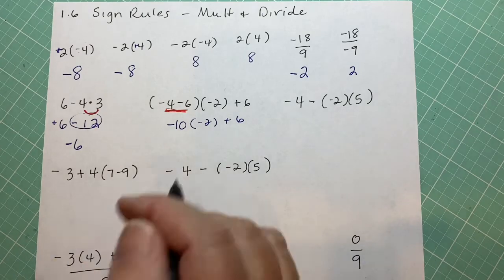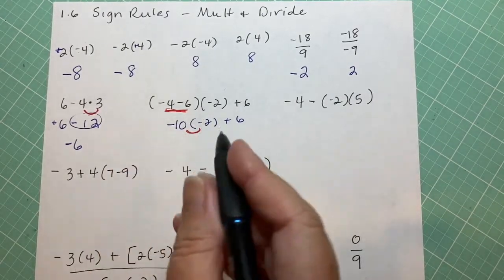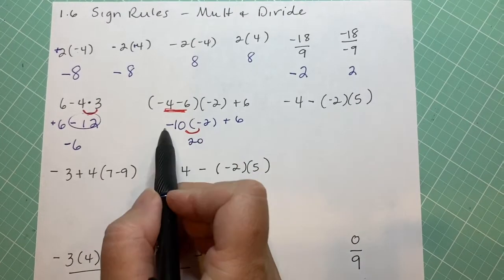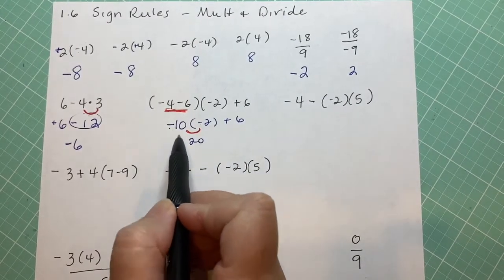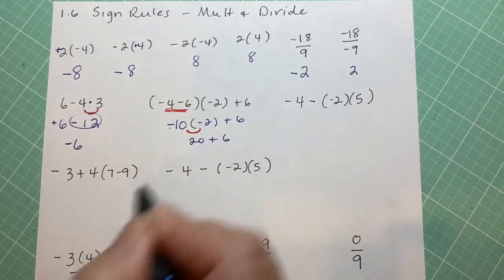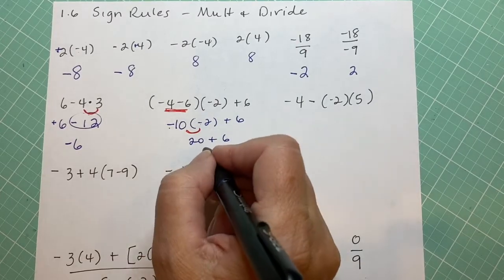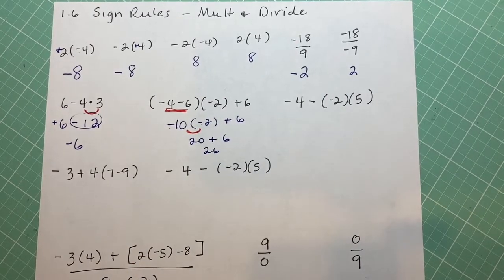So the next thing we're going to do is this multiplication problem right here. So we're going to say 10 times 2 is 20. The signs are alike, so it's positive. So it's just going to stay at 20. Bring down the plus 6. And now step 4, we can add and subtract. 20 plus 6 is 26.